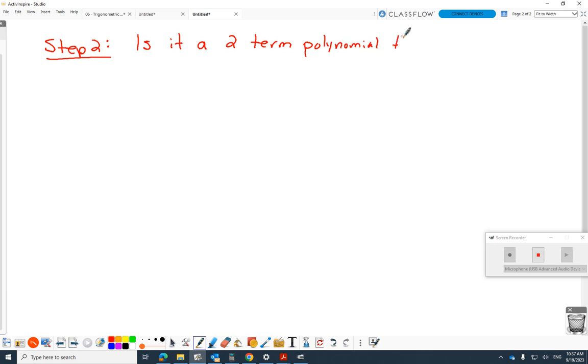Is it a 2-term polynomial that is left? After you look for a common factor, do you have a 2-term polynomial?